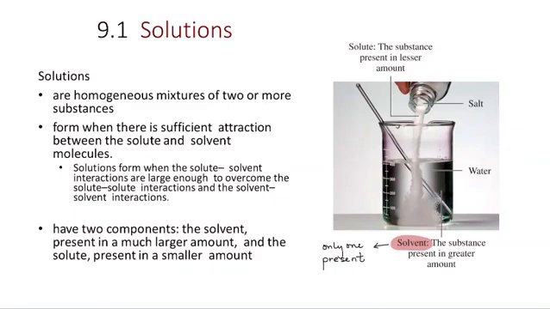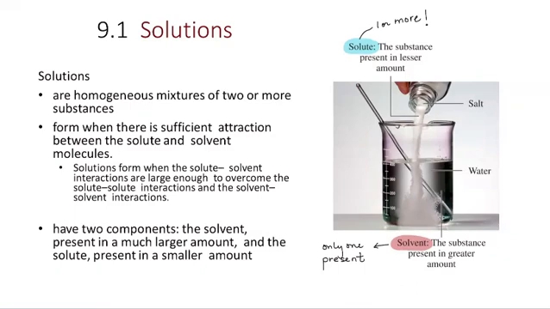In addition, when it comes to a solution, we can have a solute. You need at least one solute, but you can have one or more. The solute is the substance that is present in lesser amount.